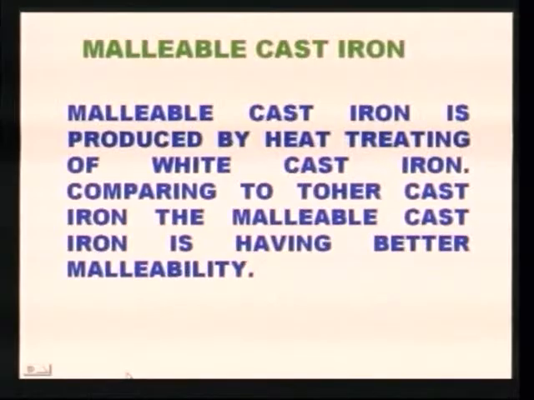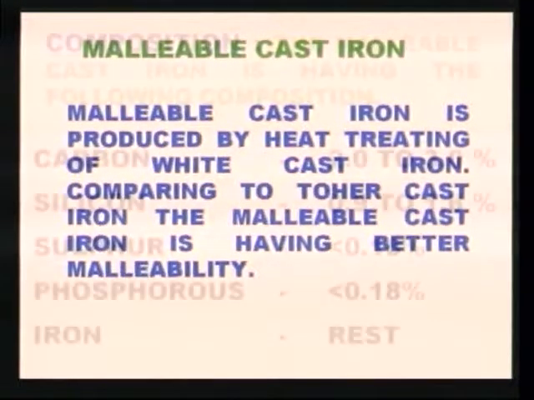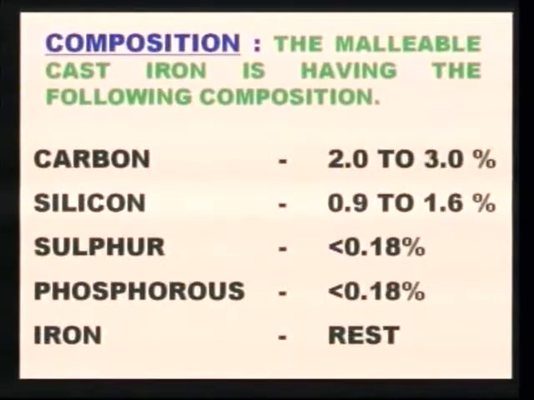Another type of cast iron is malleable cast iron. The malleable cast iron is produced by heat treating of white cast iron. Compared to other cast iron, the malleable cast iron has better malleability. This is the composition of the malleable cast iron.